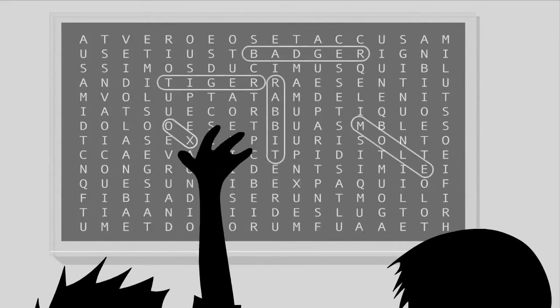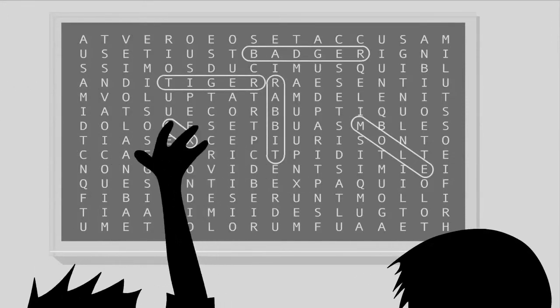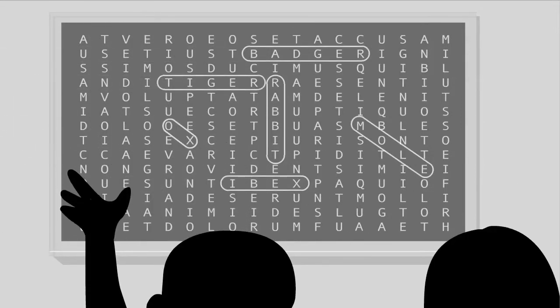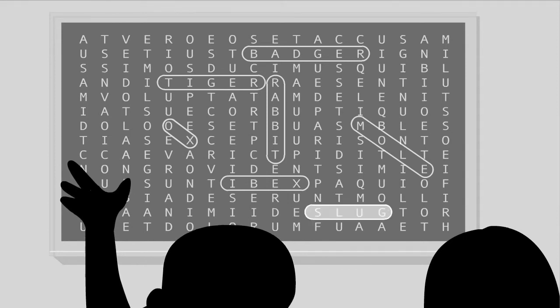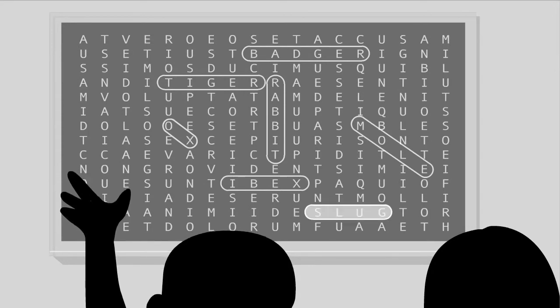One child might put up his hand without seeing all the animal names. Another might include some words which aren't animals. What you need is a way to quickly check a child's work without her calling out the names of the animals or revealing the position of the words to the other students.